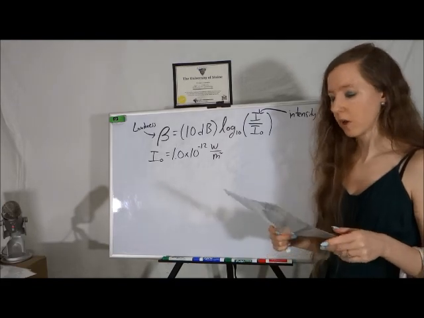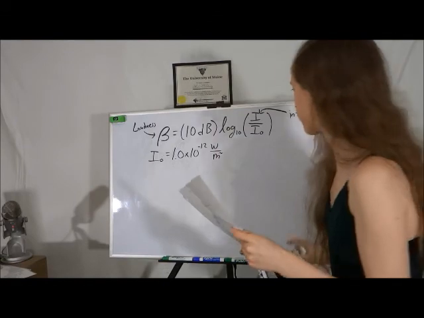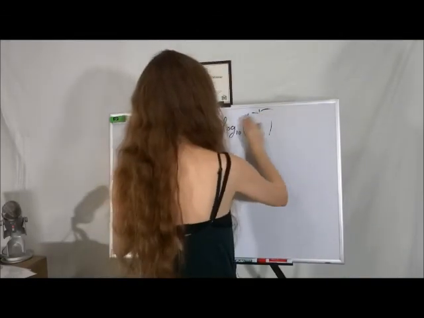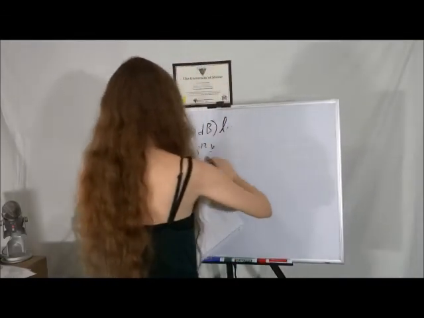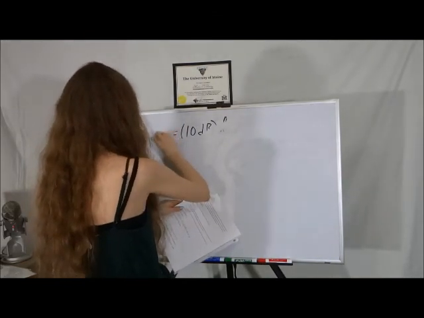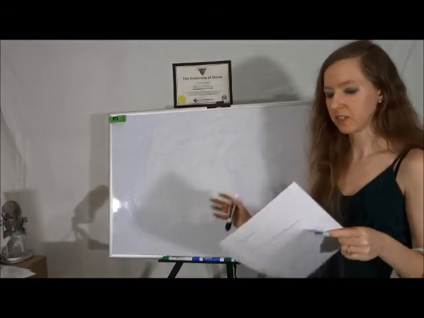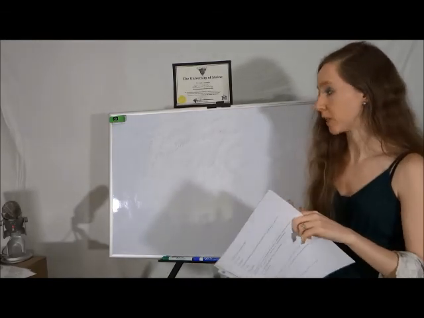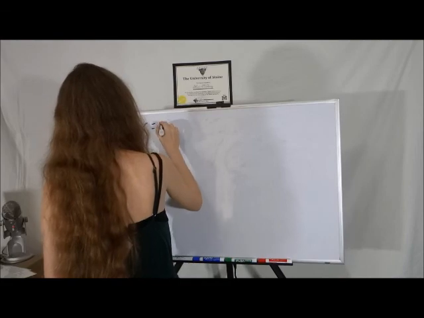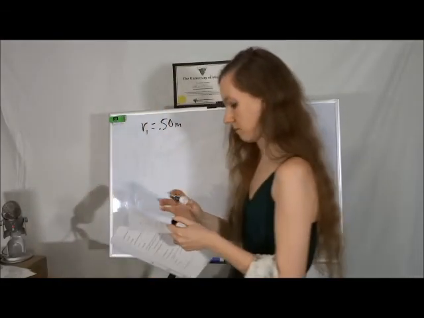All right, so let's go into an example then. Molly the puppy is standing half a meter away from you. So we have our radius is 0.50 meters.